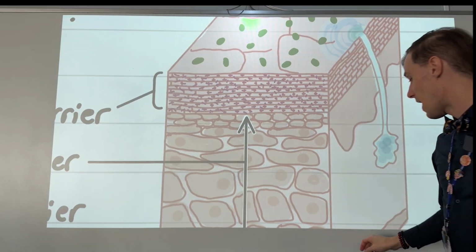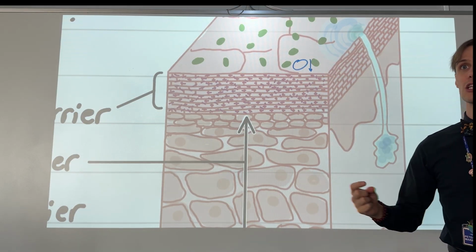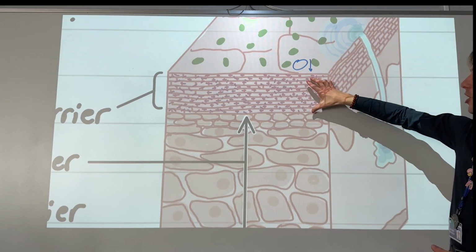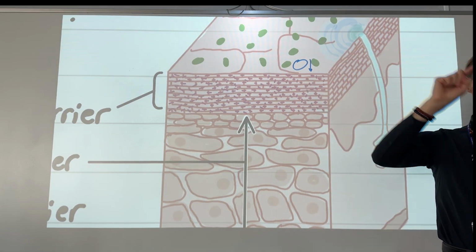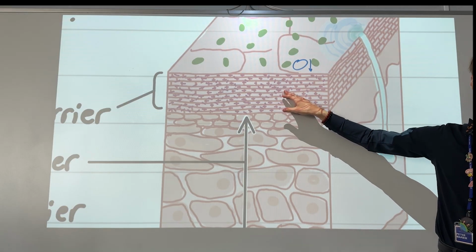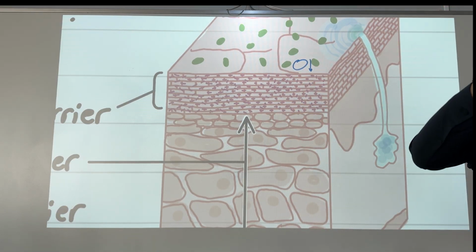Well, if I'm a pathogen trying to come in, not only do I have a wave of cells pushing against me, but I have a huge amount of layers that is super hard because of keratin, and they're not even cells that are alive that I can infect. They're dead. It's just a huge compression of a bunch of cells at the top.